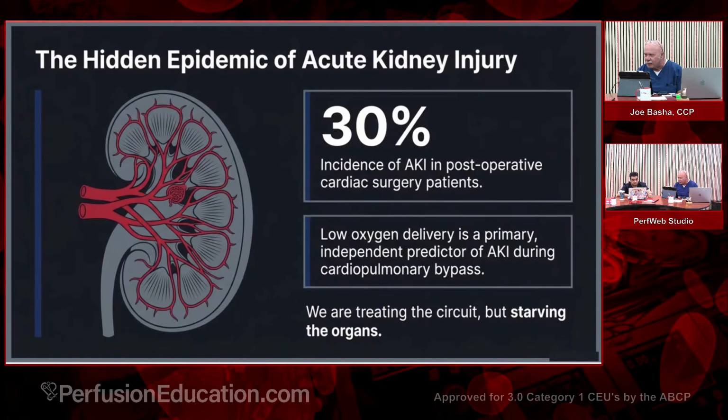It could be from hemodilution. It can be inflammatory in nature. A whole bunch of different things can cause a microcirculatory perfusion derangement. So we're treating the circuit sometimes and these big pressures that we look at, but we're really not dealing with the organ at a microvascular level.